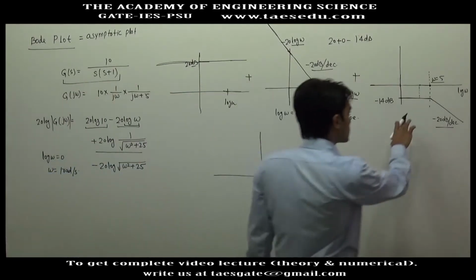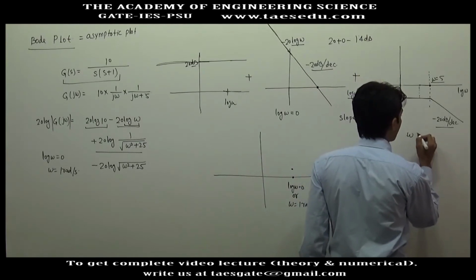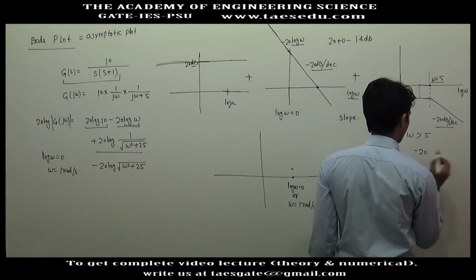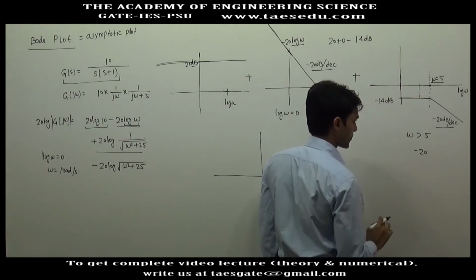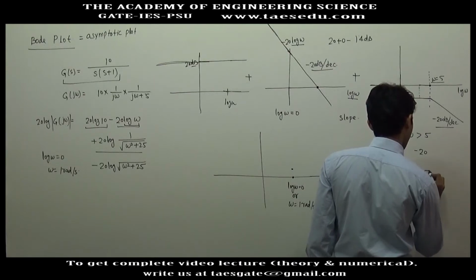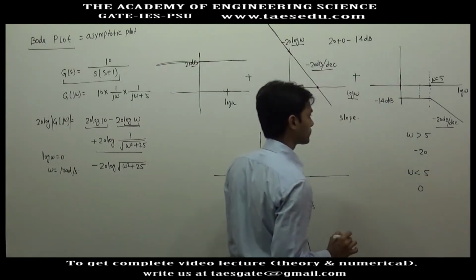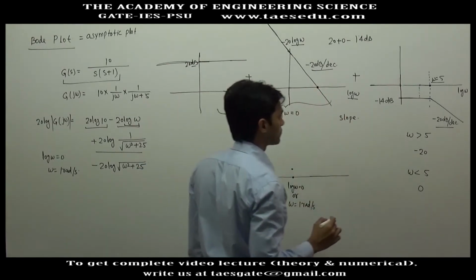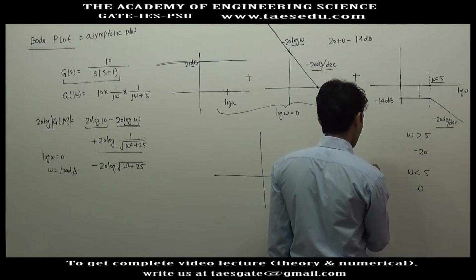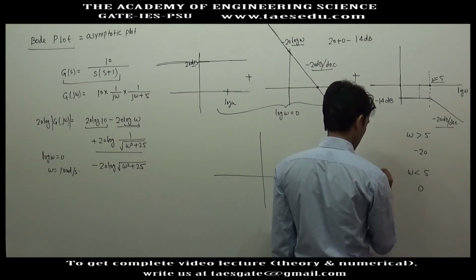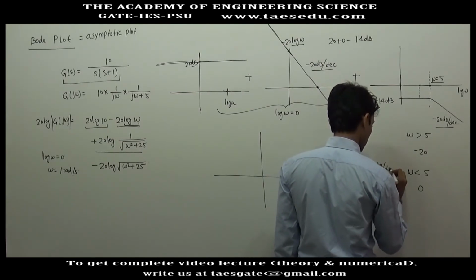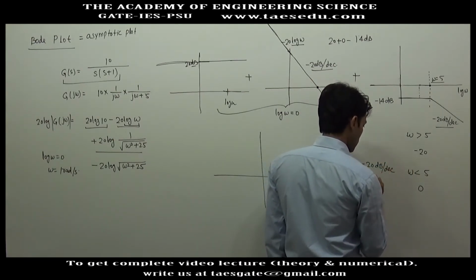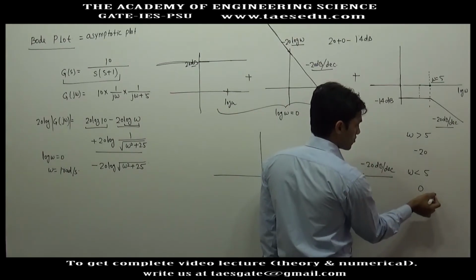But this has two types of graph. For omega greater than 5, you have a slope of minus 20, and for omega less than 5, you have zero slope. And the slope of these two parts is minus 20 dB per decade for each value of omega. Now you have to add the slope of the first two parts and the slope of the third part.